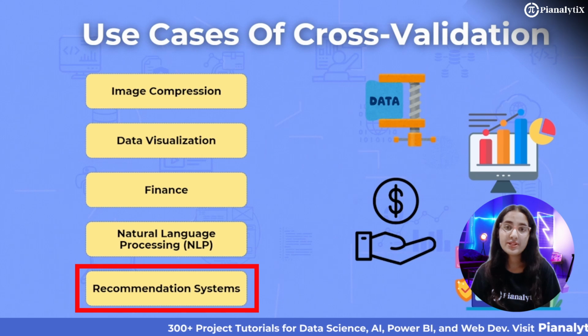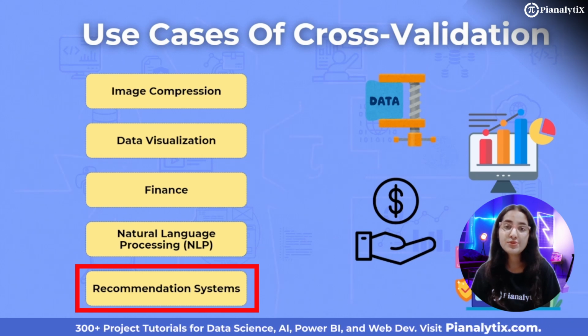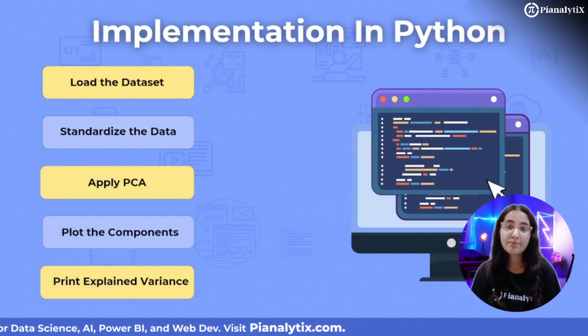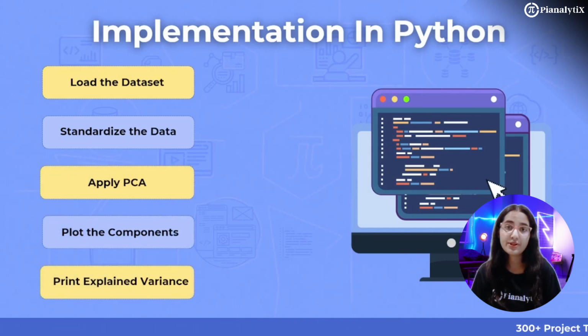PCA can be used in collaborative filtering systems to reduce the dimensionality of user item interaction data. It helps to identify latent factors that explain user preferences, making recommendations more efficient.